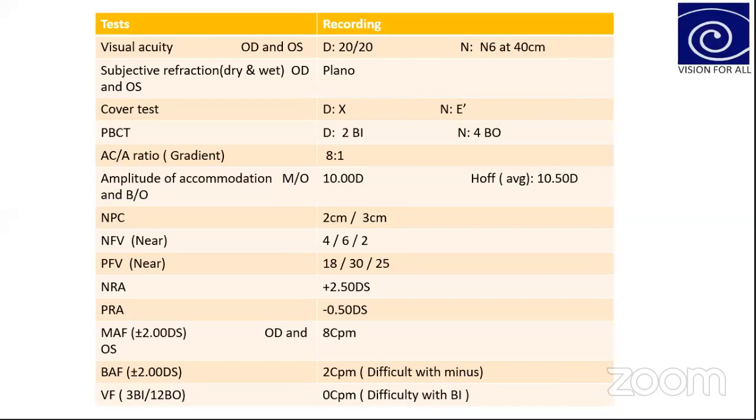The negative relative accommodation was plus 2.50 diopter, and the positive relative accommodation shows minus 0.50 diopter. Monocular accommodative facility was 8 cycles per minute, and binocular accommodative facility was 2 cycles per minute, and the patient had difficulty with the minus lens.